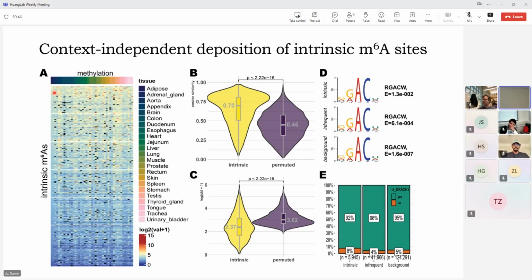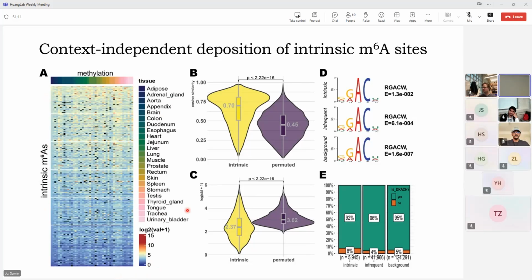They not only exist across all the tissue types, but their methylation levels are also very consistent across tissue types. But the range of the methylation level across the M6A intrinsic sites is very different, in a log 2 level from 0 to 15. So the scale is quite different.